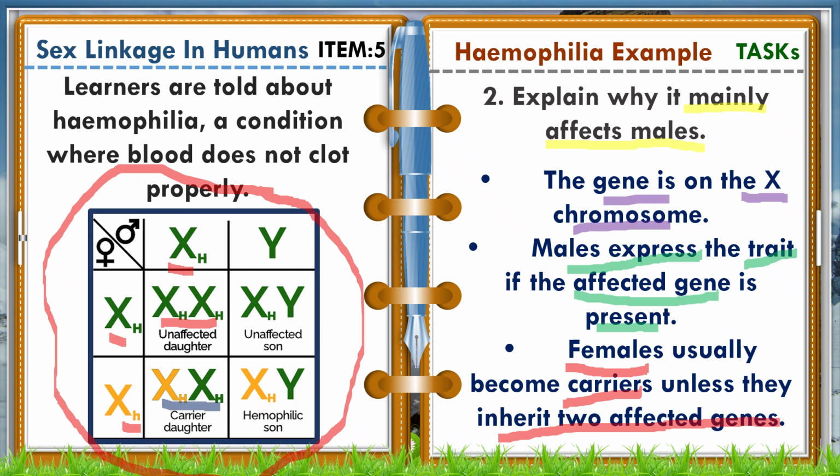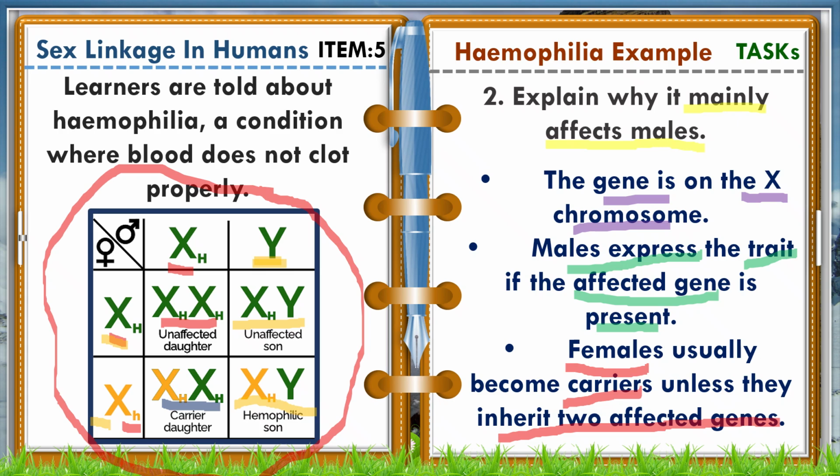And if we have Y going with this X, which is normal, we are going to get a boy who is normal. If we take this Y and this affected X chromosome, we are going to get a hemophilic boy.